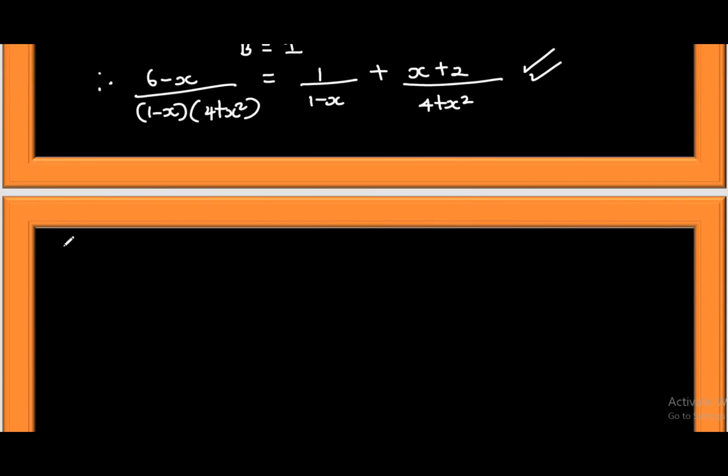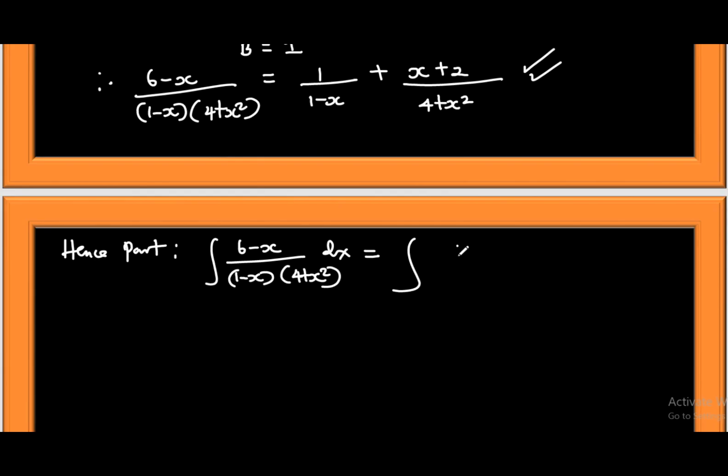Now, when you look at the hence part, we shall definitely say the integral of 6 minus x divided by 1 minus x into brackets 4 plus x squared with respect to x is equal to the integral of 1 out of 1 minus x with respect to x plus the integral of x plus 2 divided by 4 plus x squared.